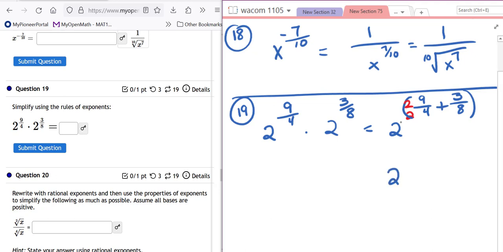So we have 18/8 plus 3/8. And this gives us 2 to the 21/8.